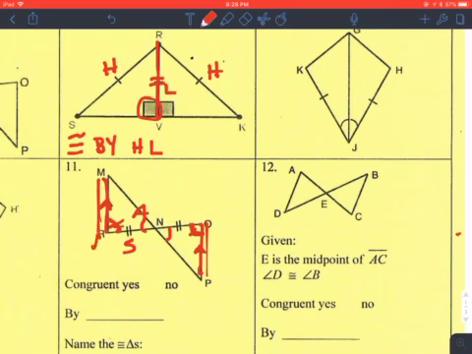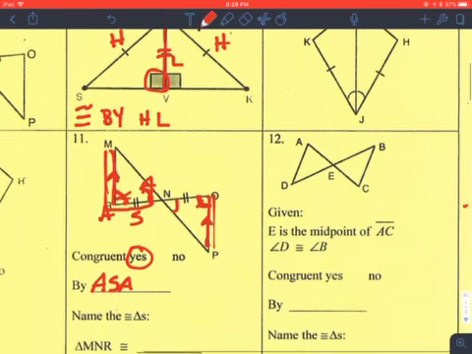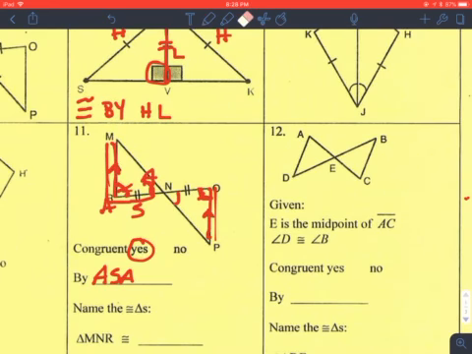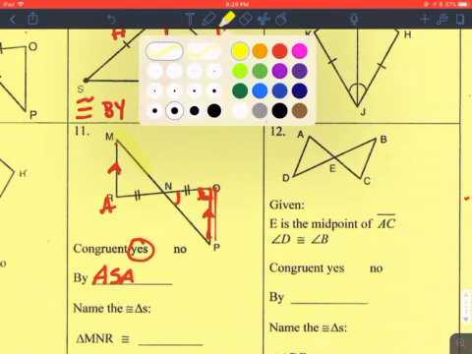So what do I have then? I have an angle, a side, and a what? Angle. So are they congruent? Yes. By what? Angle, side, angle. Okay, now we got to be careful here. So I'm going to erase a couple of the marks I had on here, which said angle, side, angle on it. Okay, because if we do M, N, I'm going to do a different color here.